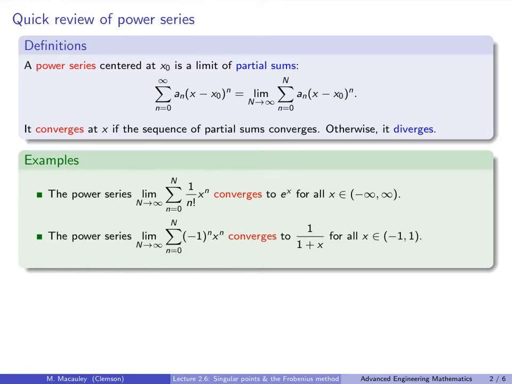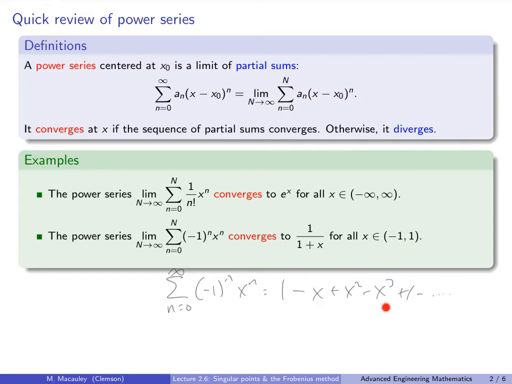In contrast, consider the infinite sum from n equals 0 to infinity of negative 1 to the n, x to the n. This is 1 minus x plus x squared minus x cubed plus, minus, etc. This actually equals a function in the open interval negative 1 to 1.